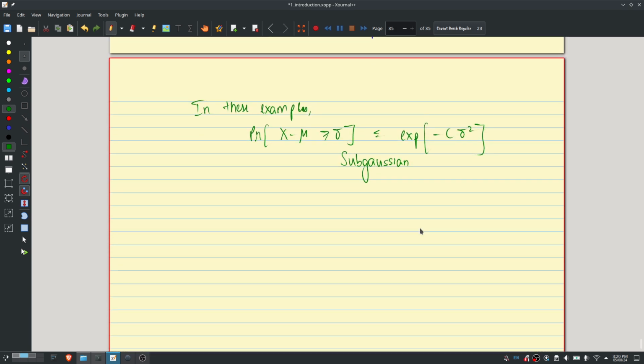And at this point, I'd like to only say that this does not happen for all kinds of random variables. For certain kinds of random variables, this decays exponentially in delta. These are what are sometimes called sub-gamma or sub-exponential.